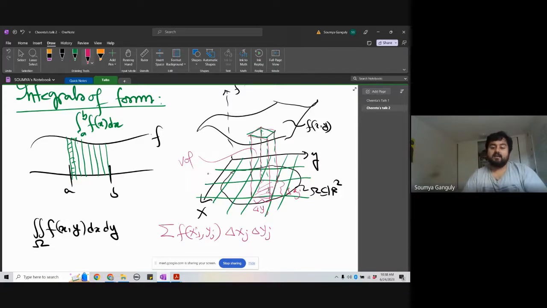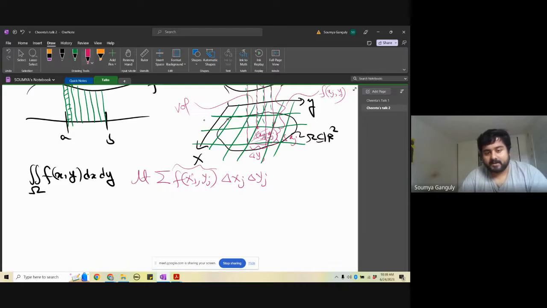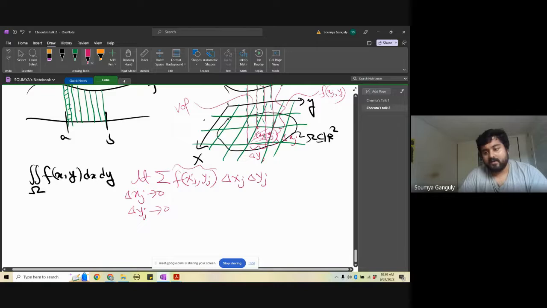And this would be the height, f of xj, yj, where this is the point xj comma yj. Sorry, it's becoming a little bit messy, but as delta xj tends to 0 and delta yj tends to 0, the limit is this quantity.